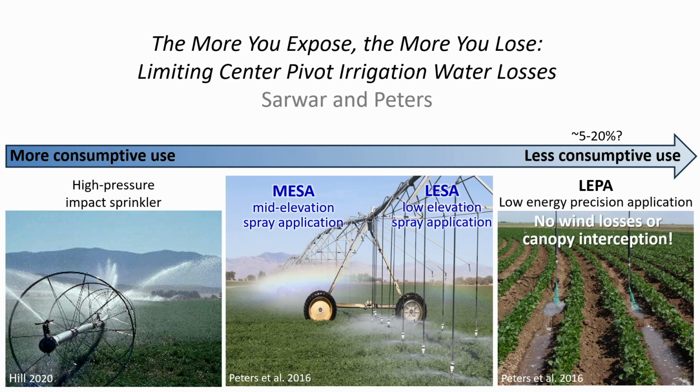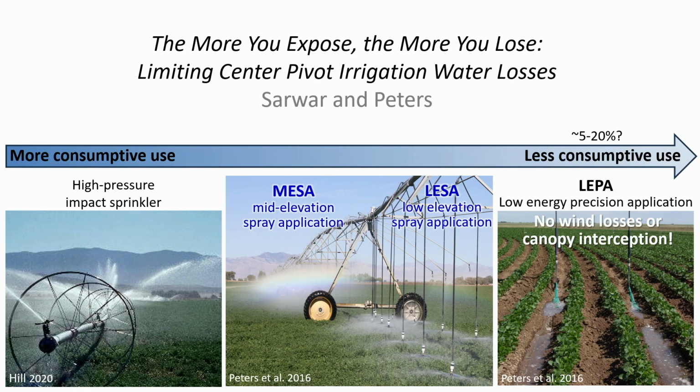One way is reducing those wind drift losses, right? Warren Peters have this great report called "The More You Expose, the More You Lose." They talk about different sprinkler systems, and I've ranked them here on this axis from highest consumptive use to least consumptive use. Depending on how many steps you move down that chain, you could save something on the order of 5 to 20% of your water. That's real savings.